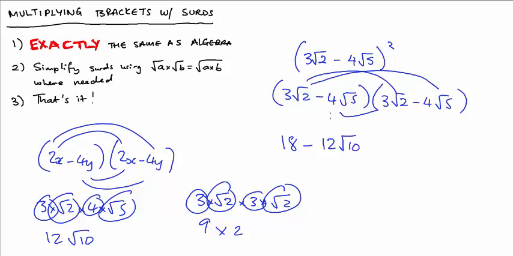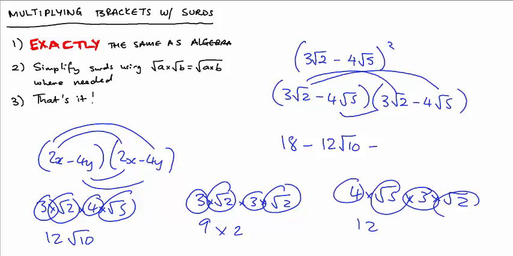Let's do this one now. Well, that's going to be exactly the same. It's going to be a negative. That's 4 times √5 times 3 times √2, exactly the same as what we did, which gives you 12√10, also negative. And then finally, what's our last one here?